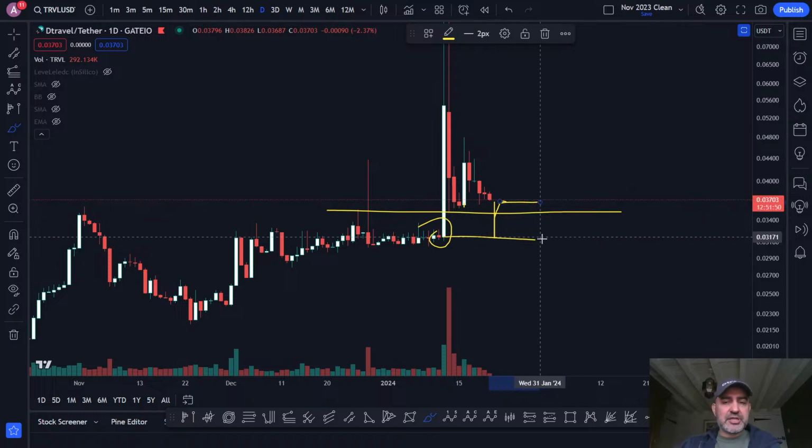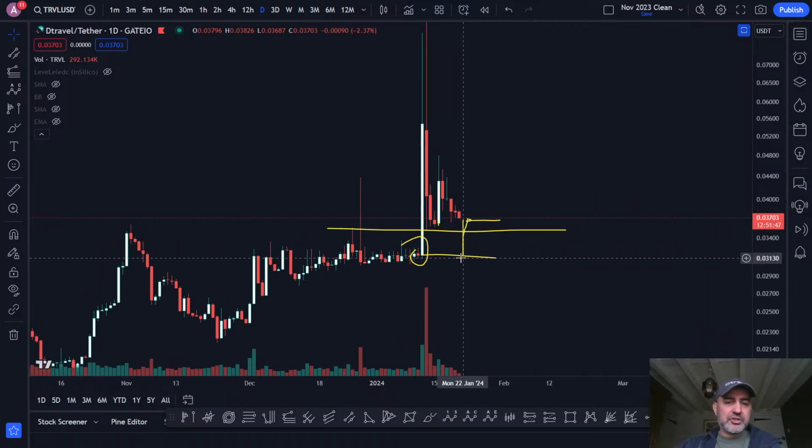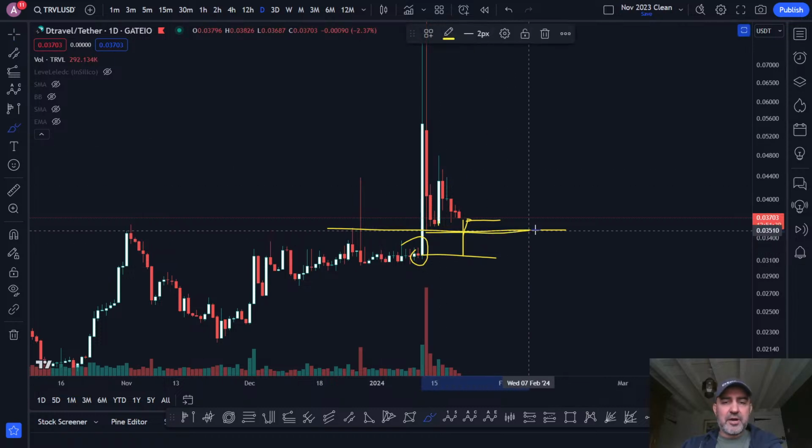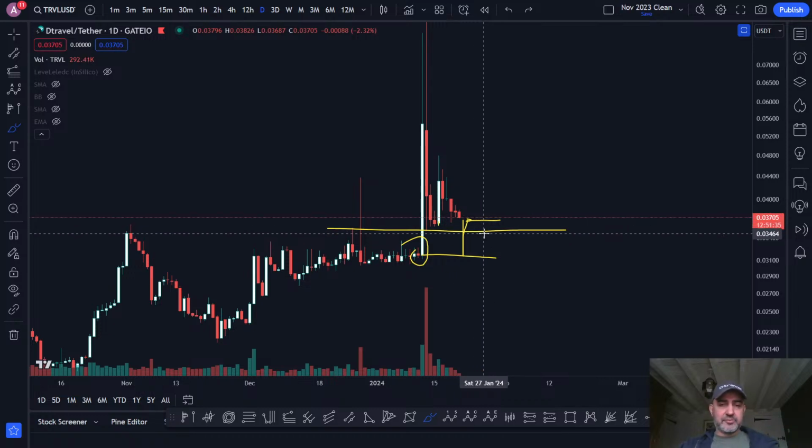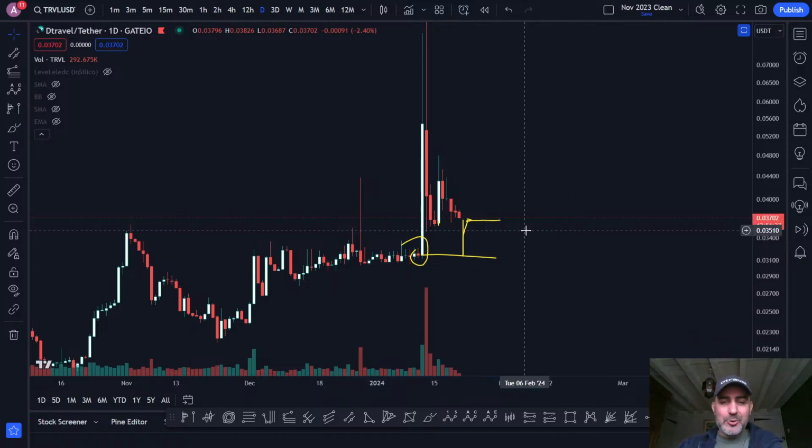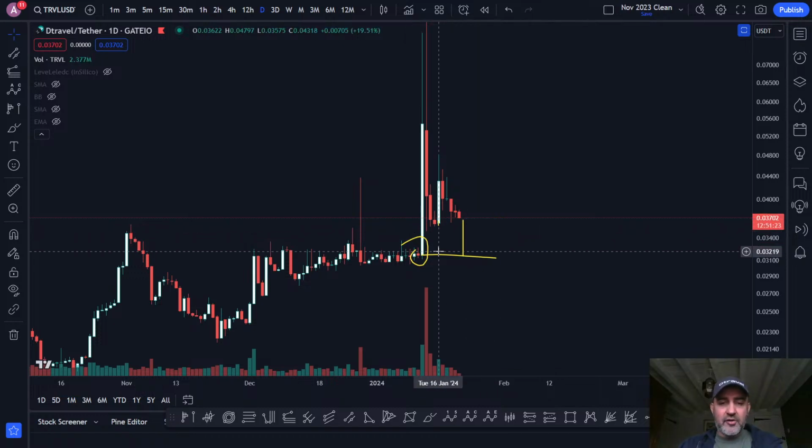Yeah, because you haven't actually lost that range, you've only just gone down to capture some liquidity, shake out a few people, but then the price is still bullish because you're still above, you haven't lost that level. Yeah, so I'm just kind of laying out the possible scenarios for how this could play out, and we don't know. No one knows. Yeah, so it's good to have an idea of what could happen.